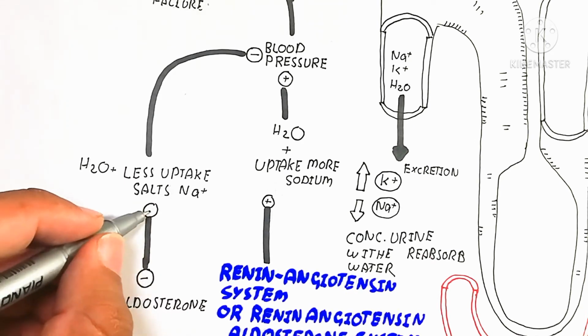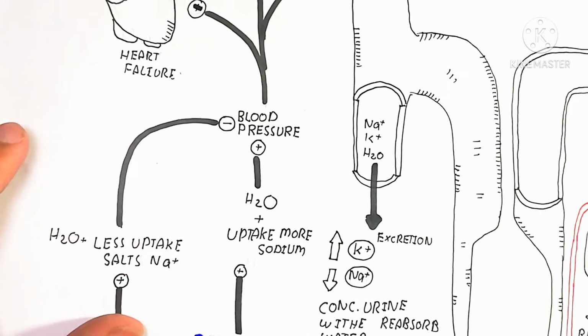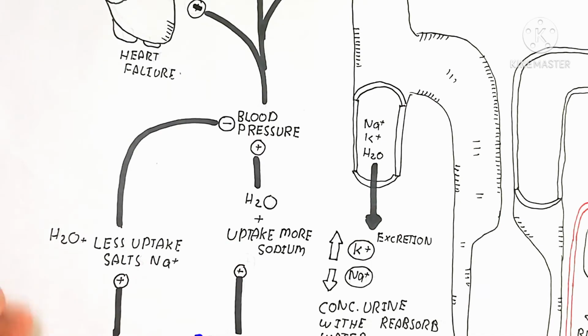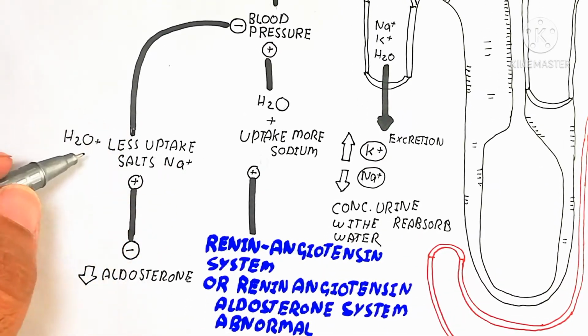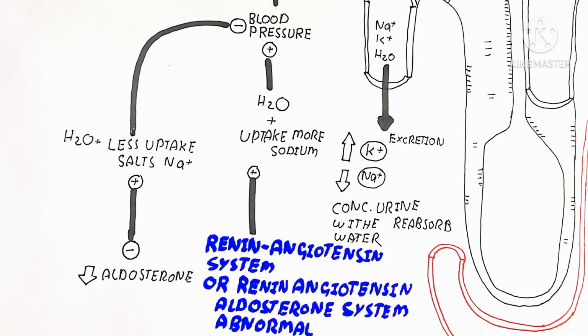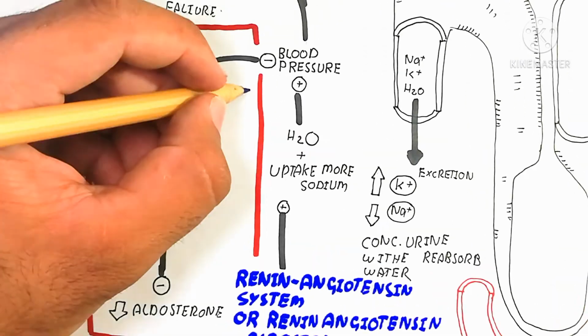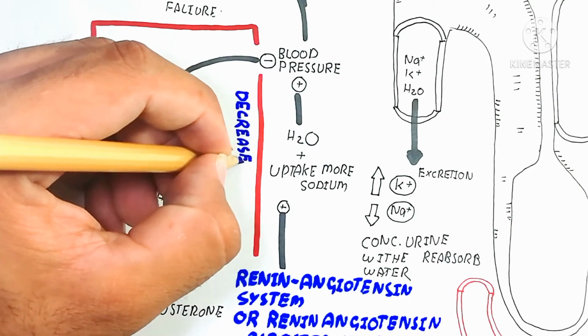If we talk about high blood pressure, here we will also discuss low blood pressure. Low blood pressure is due to less uptake of water and salt from the glomerulus to the efferent arteriole. So aldosterone will be decreased.